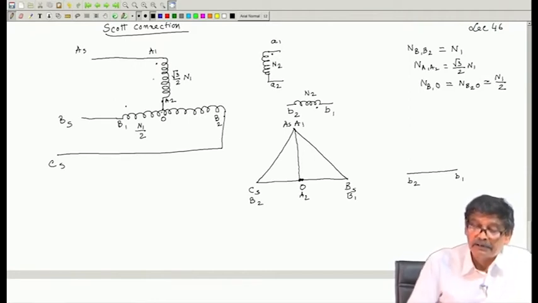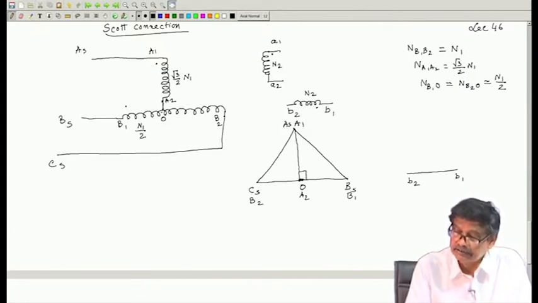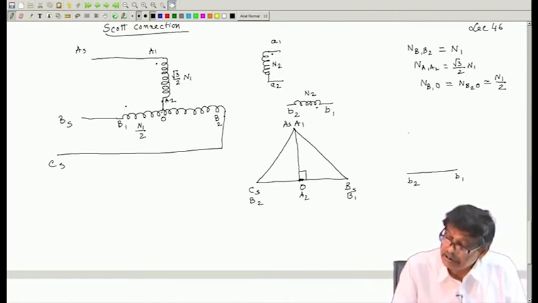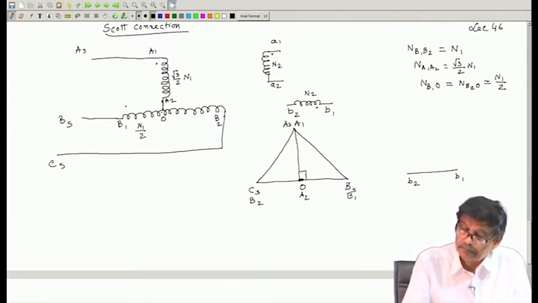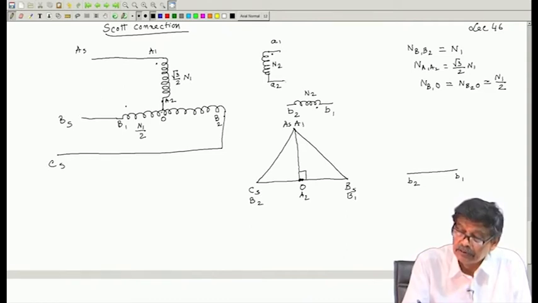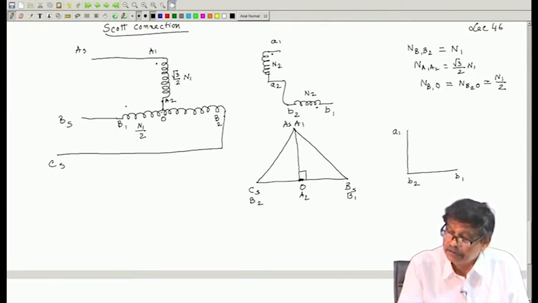Therefore, voltage applied across the primary of transformer A is this one, which is at 90 degree to voltage applied to the transformer primary B. Therefore, you will get a voltage here, which will be parallel to A1 A2, and if you join this A2 and B2, then the phasor diagram tells you that this will be A1, this will be A2.